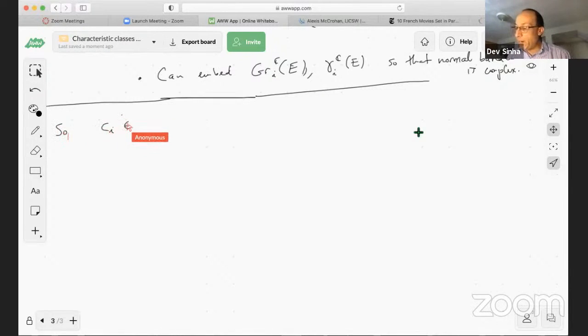C_i lies in H^{2i} when you count dimensions, and C_i equals 0 if i is not between 0 and n inclusively. C_0 is the identity, because you end up just sort of seeing all of E or something like that in that case.